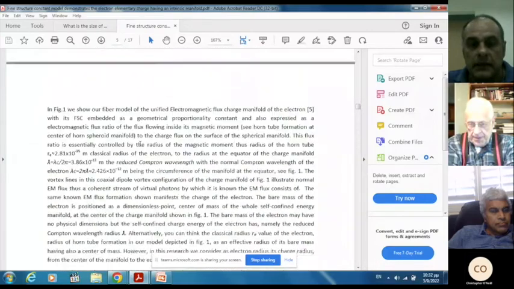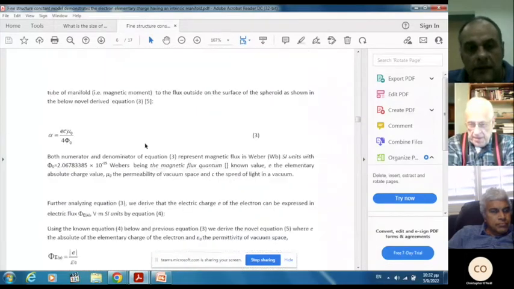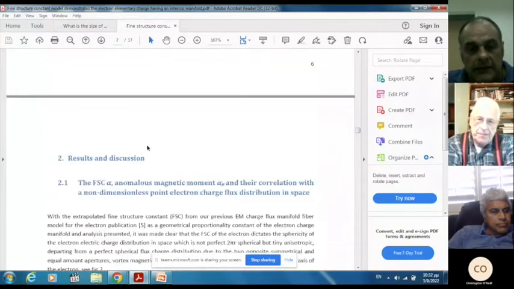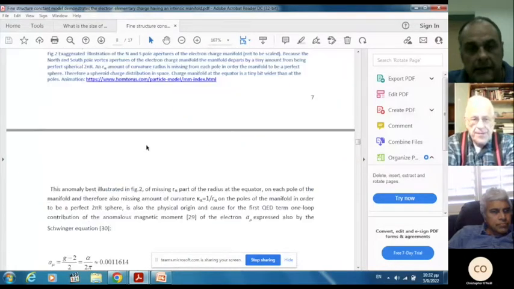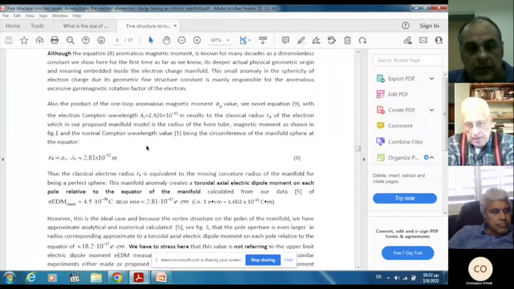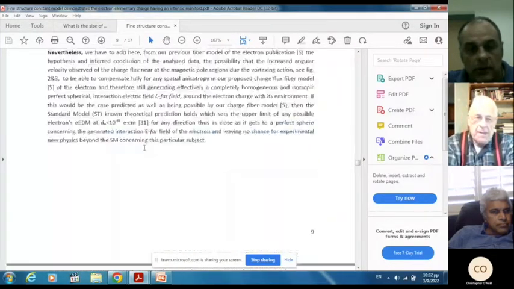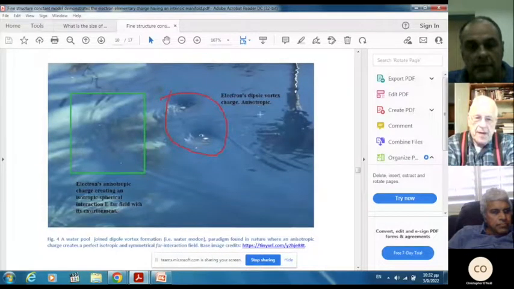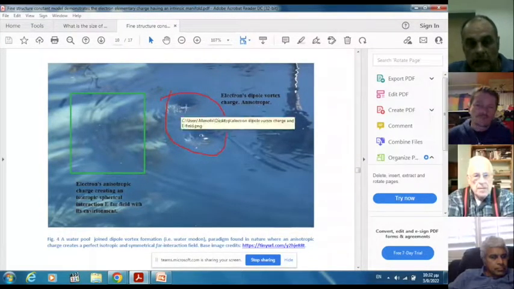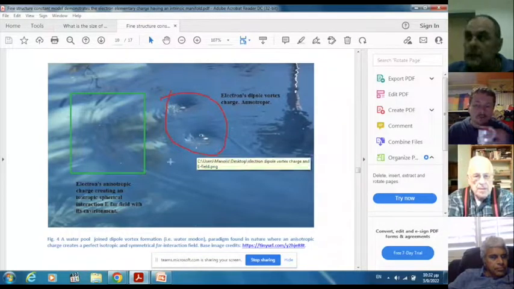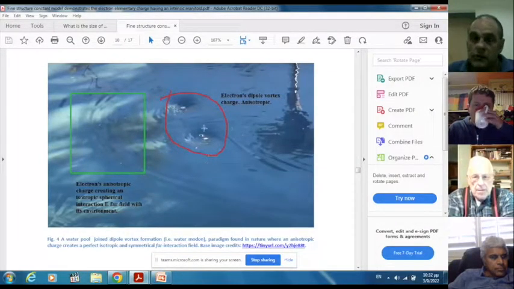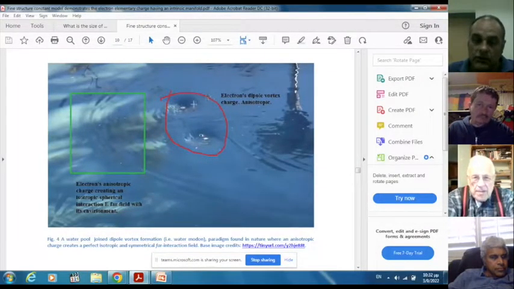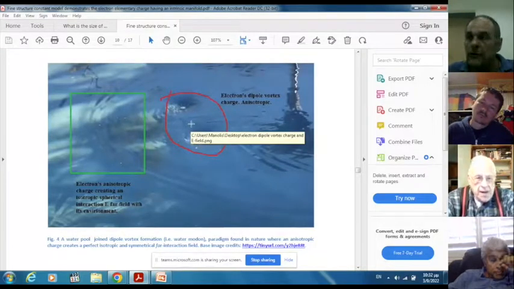What happens if we assume that the translational motion of the electron has some effect? So this is also important. You see here two water vortices, which when you put food coloring inside, you get a tube here. It's the same topology, but now in a 2D version.